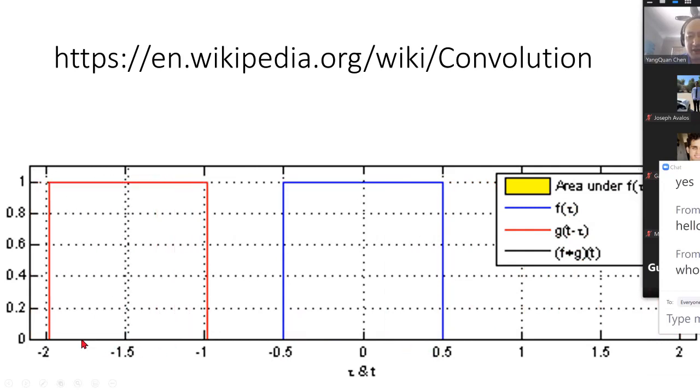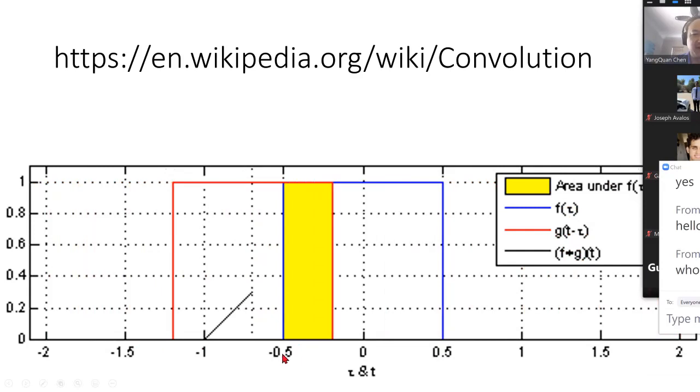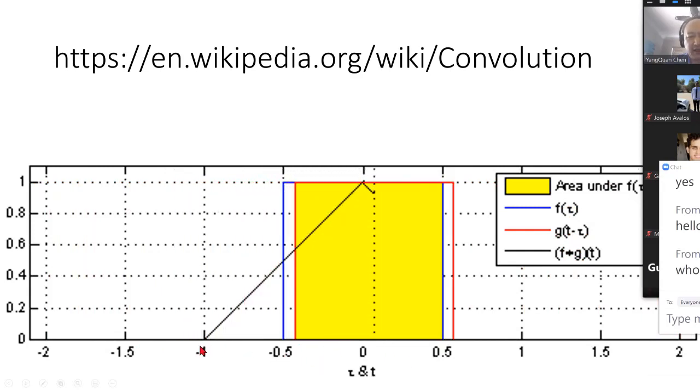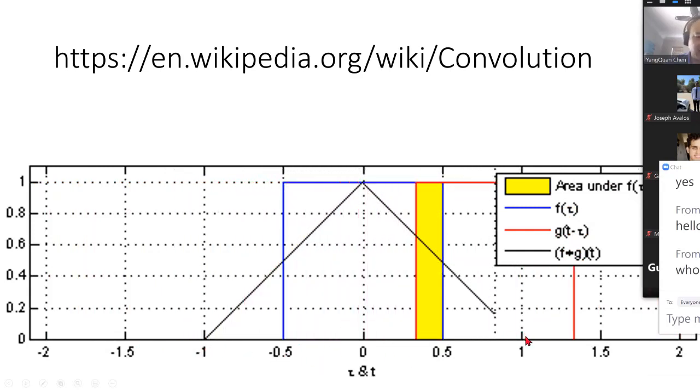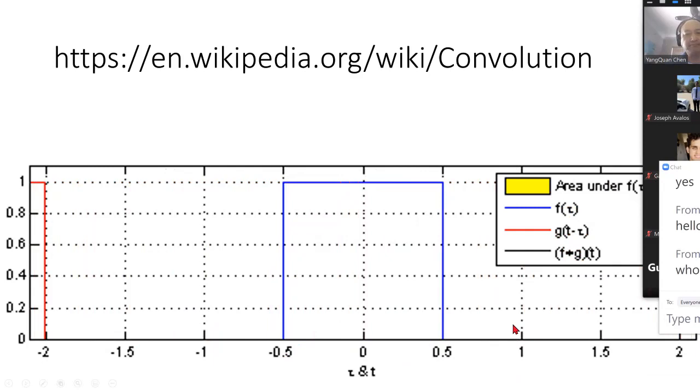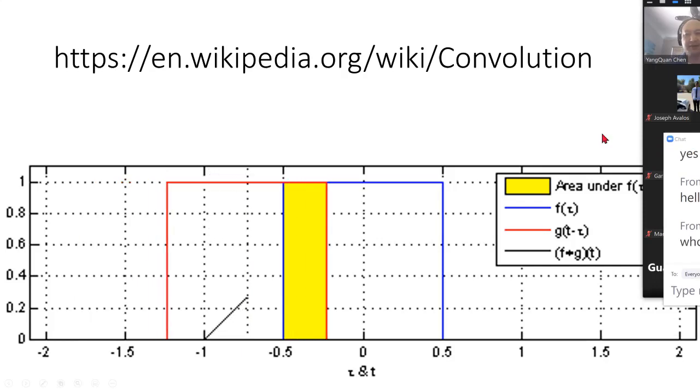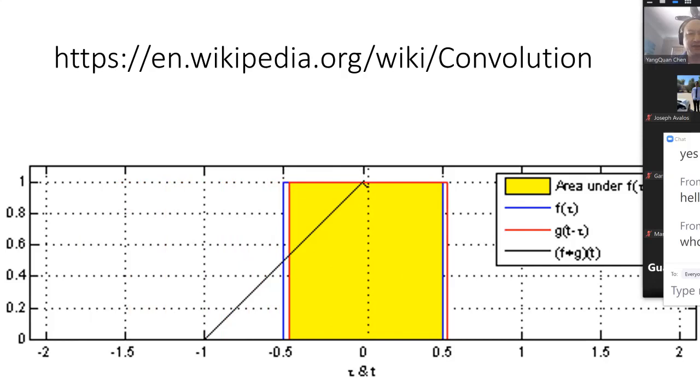Another one is actually the same, okay? So then it will be minus 1 to positive 1. The support will enlarge that way. So I think this will help you to understand the convolution much better.